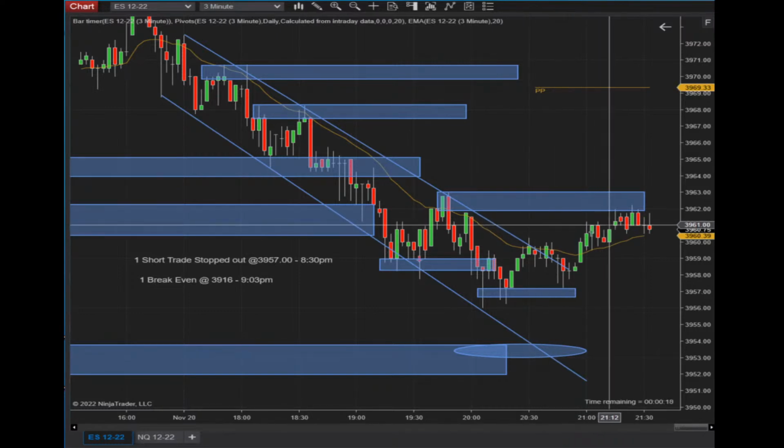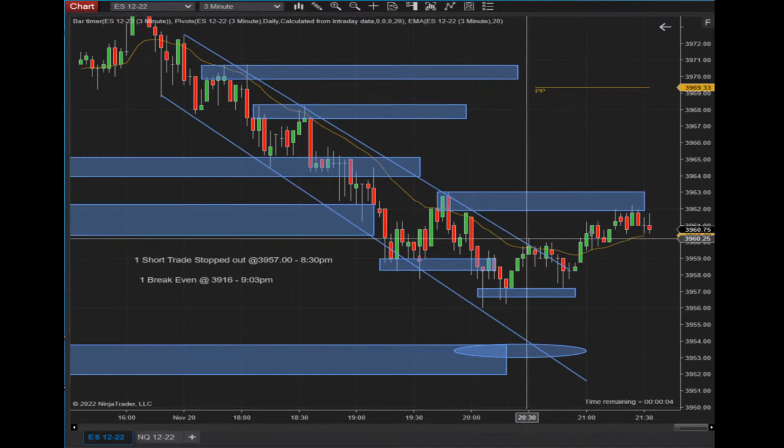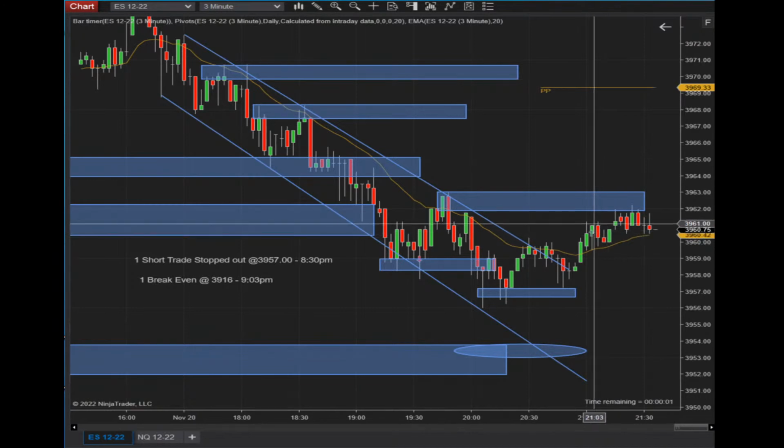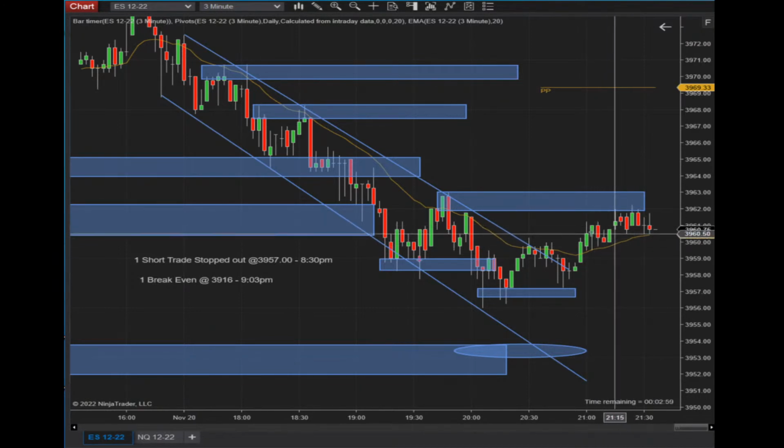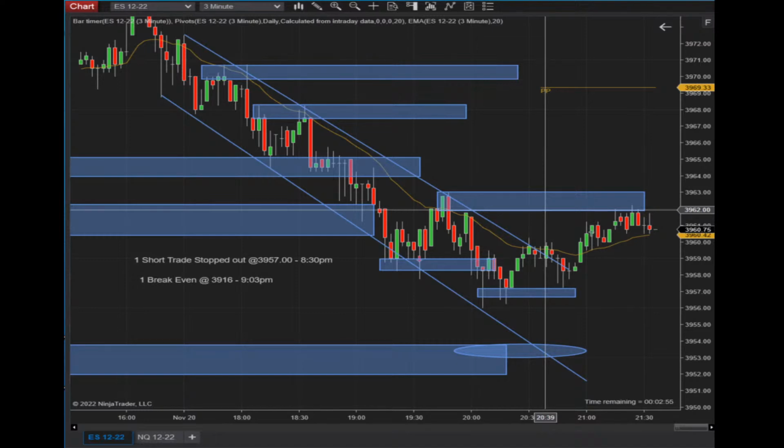So I just got out at break even right there. I believe it was on this candle, no, this candle right here. And that's okay. Sure, we missed out on a point, but I'm not going to cry over that, because there was a 70% chance that this was going to come down and stop me out, and I'm not taking that risk.